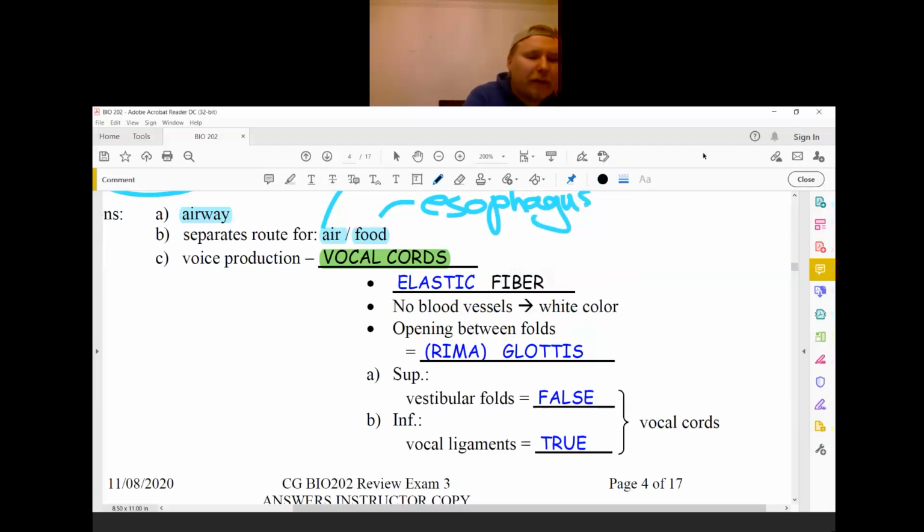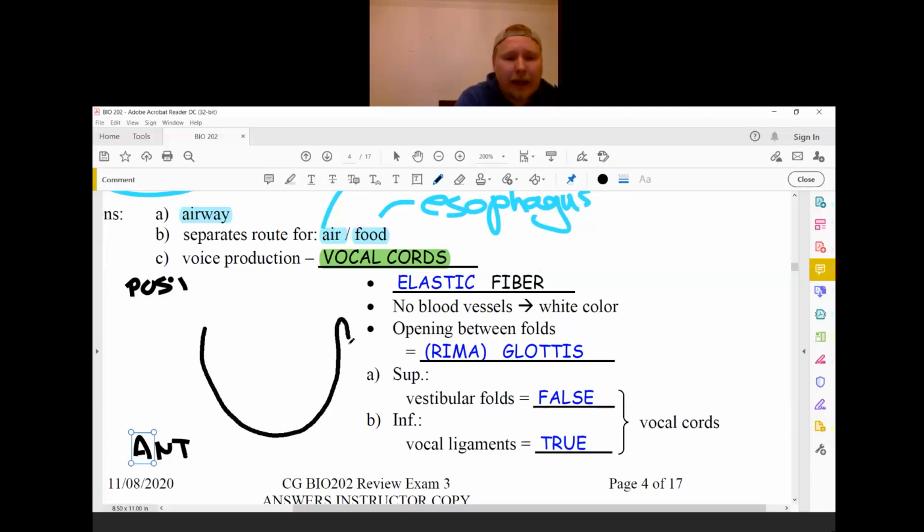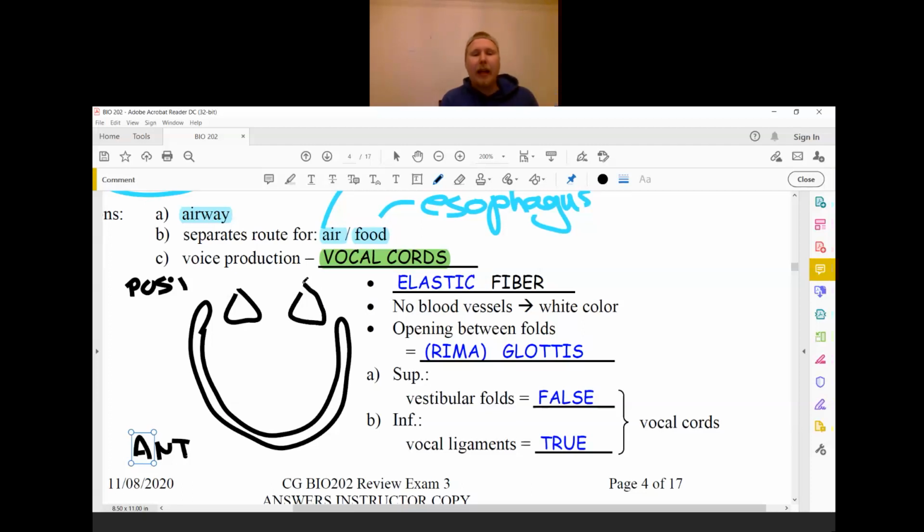So I'm going to draw looking from the top. This is going to be the anterior part. This is going to be the posterior part. Here we have our thyroid cartilage enclosing everything. We have our arytenoids. And from those, let's color those in.